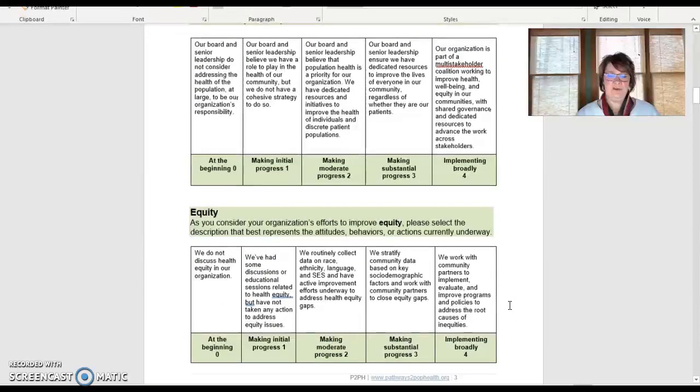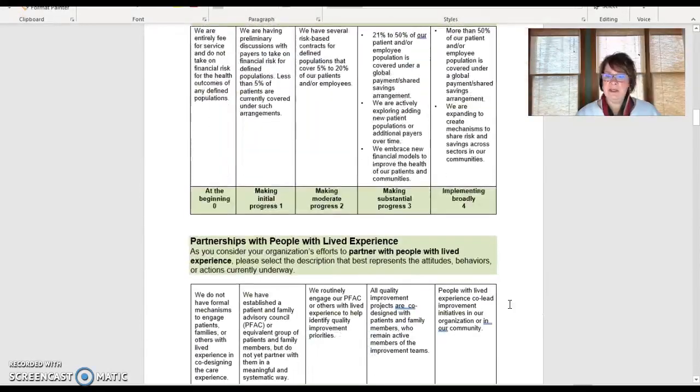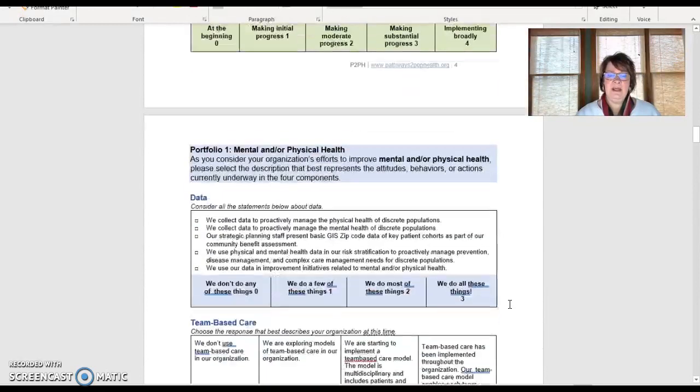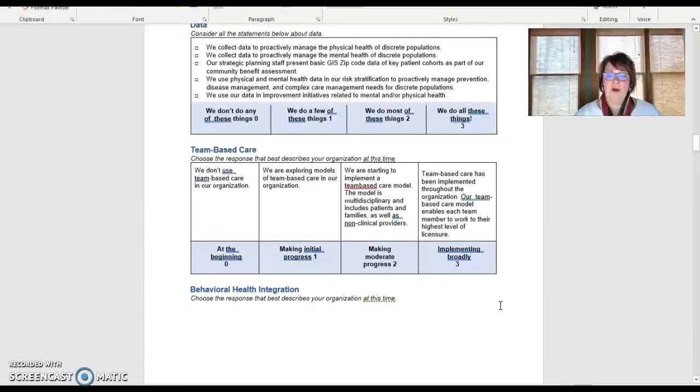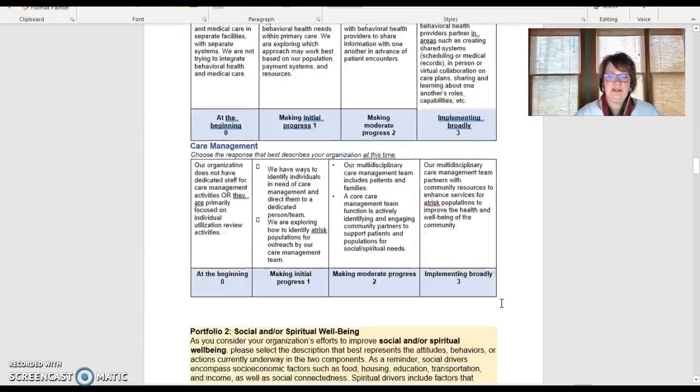It starts out with stewardship, going into equity and payment and partnerships, and then going into the portfolios that I alluded to earlier. So again, take a look at this, and score things out based on what you're seeing and what you're experiencing.